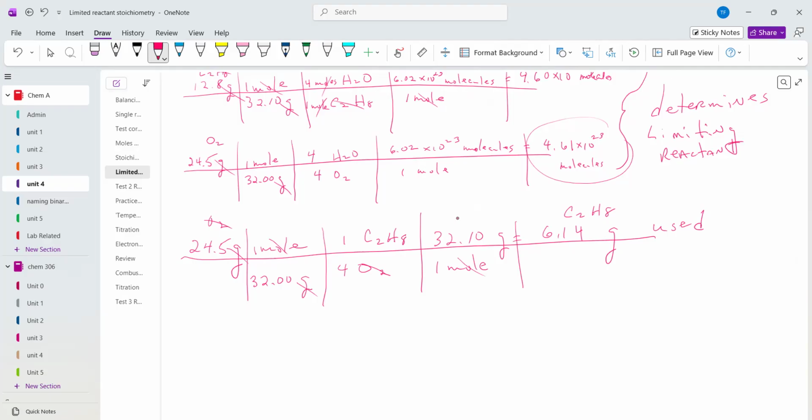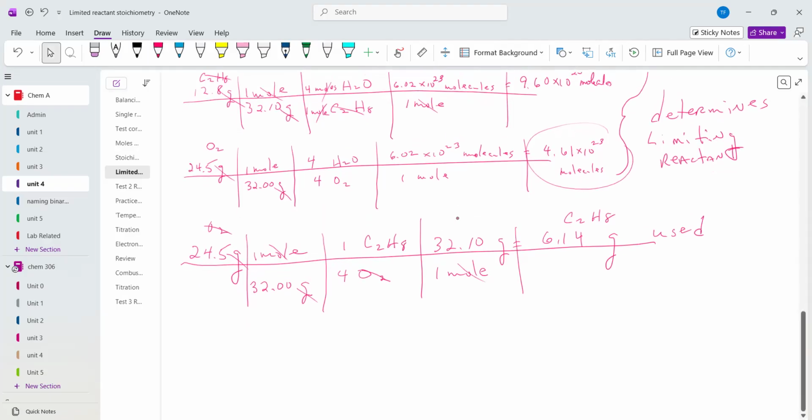Okay, so we started with 12.8 grams. We use 6.14.